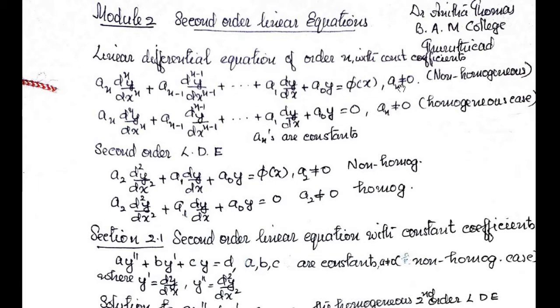It's a function of x, where an is not equal to 0. If an equal to 0, the order of this equation reduces to n minus 1.